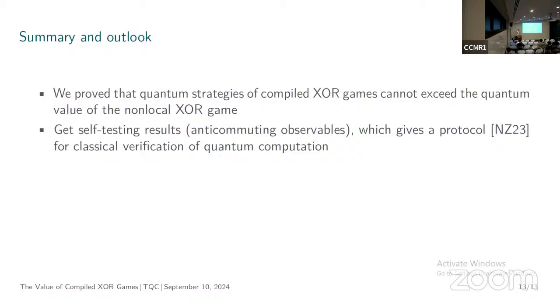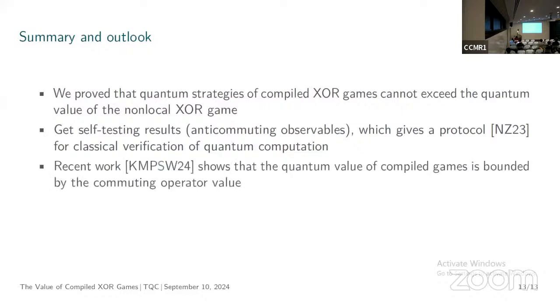The same is true for quantum strategies. And then we also get some self-testing results in the sense of anti-commuting observables for Bob. One can use such self-testing results to get a protocol for classical verification of quantum computation, which was already done by Anand and Tina.